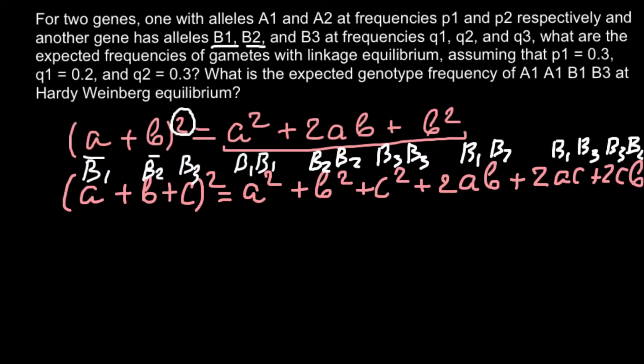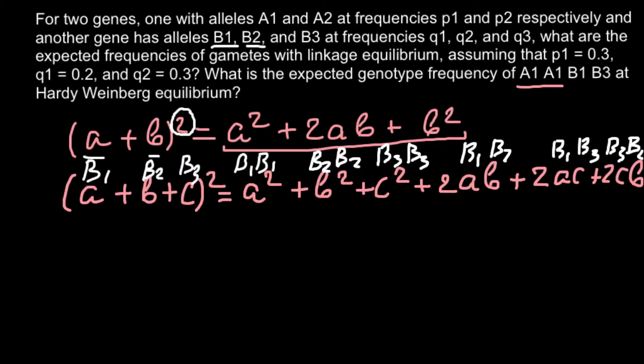So we have two variants of the same gene that we call A1 and A2, and we know that the frequencies are P1 and P2, but only the P1 frequency is given. And we know that the P1 frequency stands for the allele A1. And we are looking for the genotype that is A1, A1.